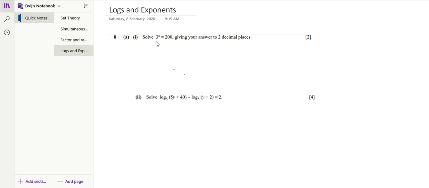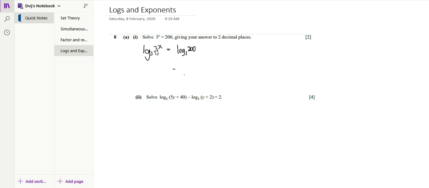So you know that if you have an exponent like this, if you have an x at the top, and you want to bring it down, you need to take logs of both sides. So one way you could do that is by taking log base 3 of both sides. So saying log base 3 of 3 to the power of x is equal to log base 3 of 200.